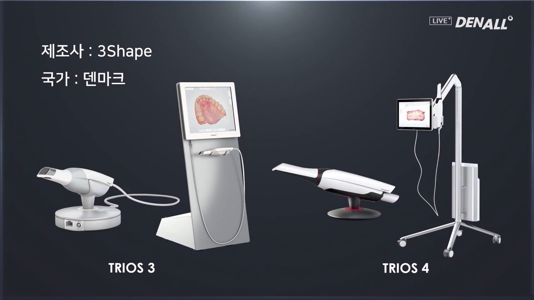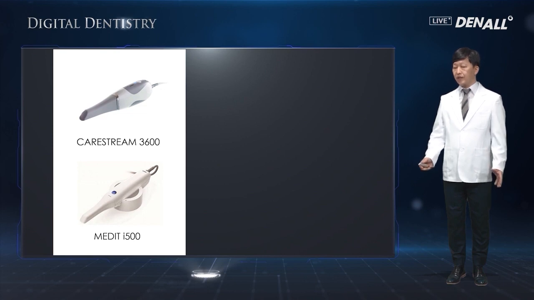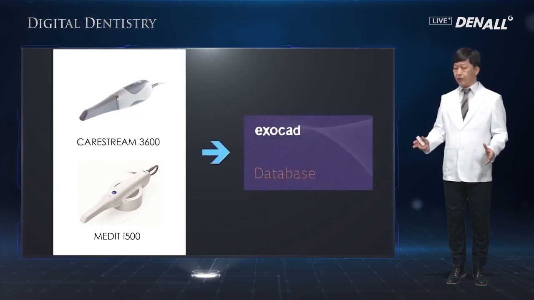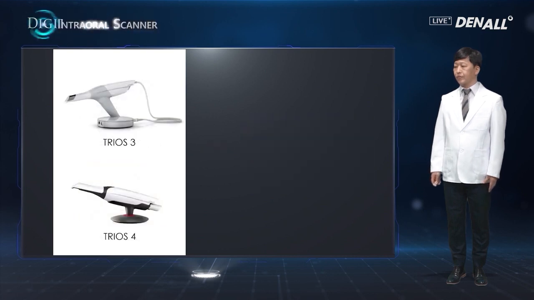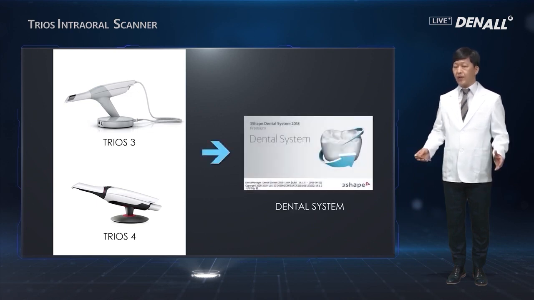TRIOS scanner is manufactured by 3Shape, a Danish company. Carestream and Medit scanners in Korea are using ExoCAD, which is an open-type CAD program for designing. TRIOS scanner is using the Dental System, which is a proprietary program of 3Shape.